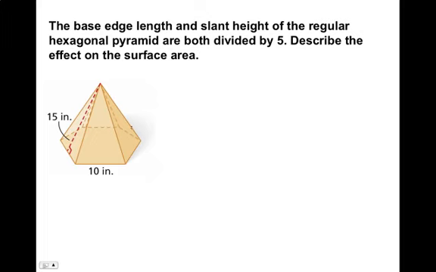We have a hexagonal pyramid here, and we want to describe the effect on the surface area when the dimensions are both divided by 5. So if you remember, our surface area times the scale factor times the scale factor will give us that new surface area. All we want to know is the effect, so we're going to focus on this part.